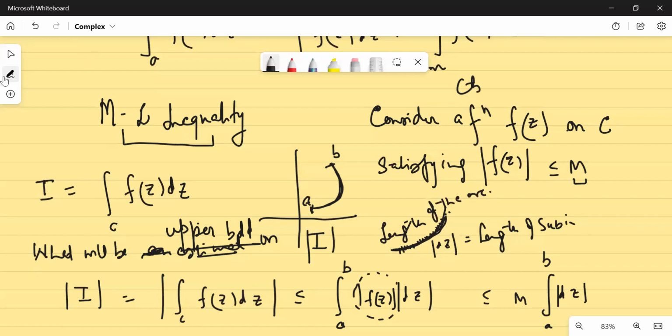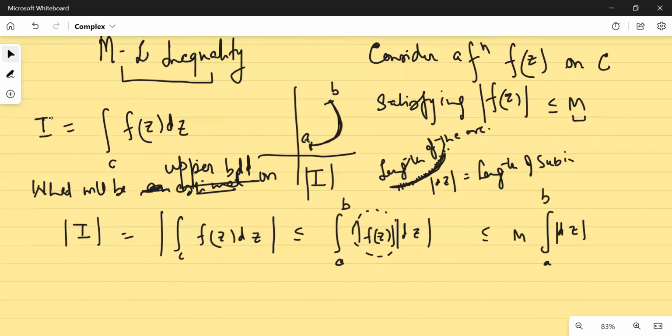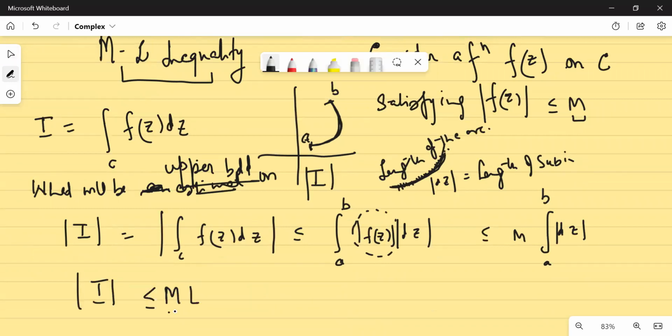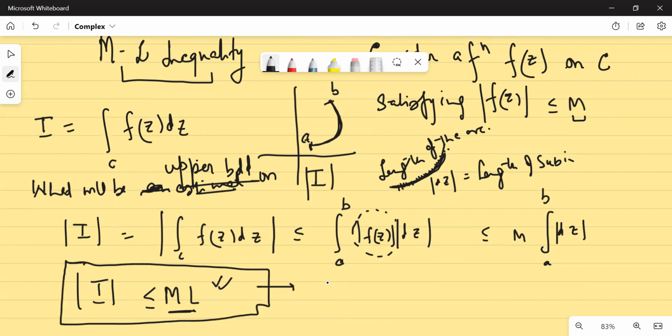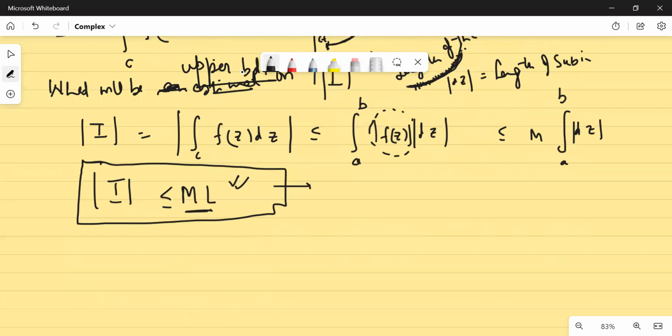So the upper bound of the absolute value of the integral of f(z) dz would always be less than or equal to ML. So the upper bound would be ML. This is called the ML inequality. Let us understand this using an example.